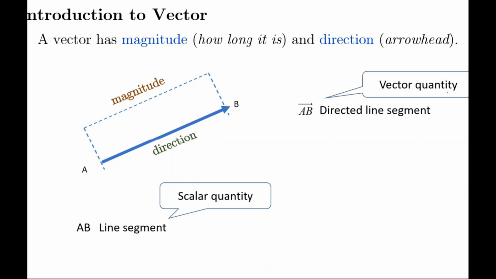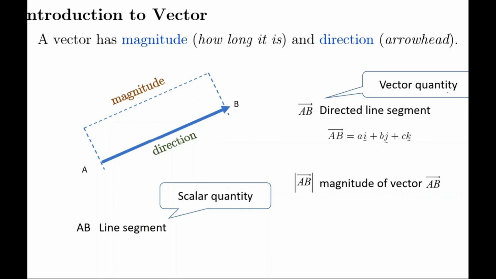This is our vector quantity, where we have the direction and the magnitude. We can write vector AB in 3 dimensions as AI plus BJ plus CK. But for 2 dimensions, we only have AI plus BJ.